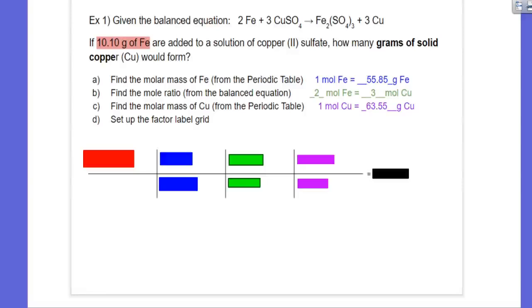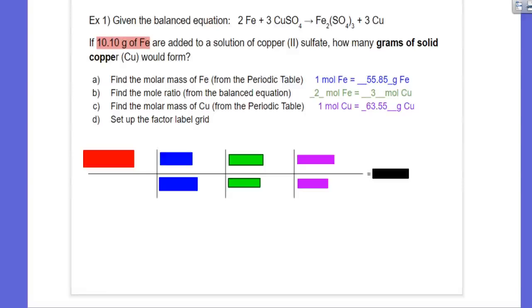If 10.10 grams of iron, Fe, are added to a solution of copper(II) sulfate, how many grams of solid copper would form? Now, an interesting thing is our very next checkpoint actually looks a lot like this question. You're asked to fill in the same things in the same places.